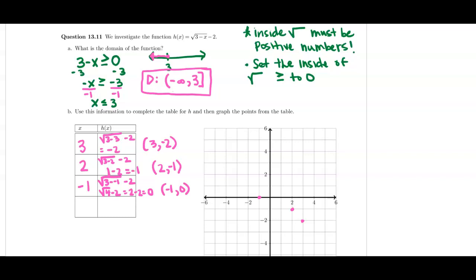Remember I said it's going to start at a point and then come up and out kind of like this. This is a very rough sketch of it, but that's kind of what this is going to look like. So you just want to choose numbers that are easy to take square roots of. That would be a good idea.